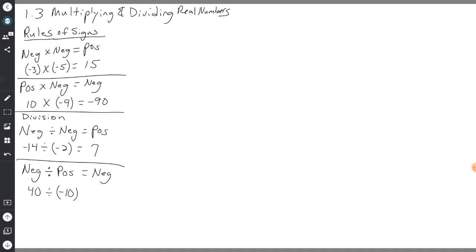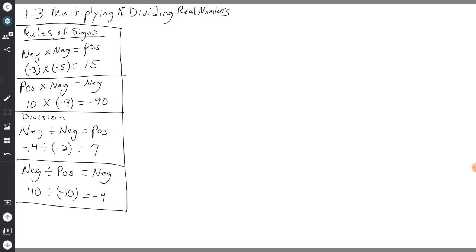So here we have 40 divided by negative 10. It doesn't matter which way around it's written. A negative divided by a positive or a positive divided by a negative is going to give us a negative result. So these are the rules that we're looking at when we are working in this section.